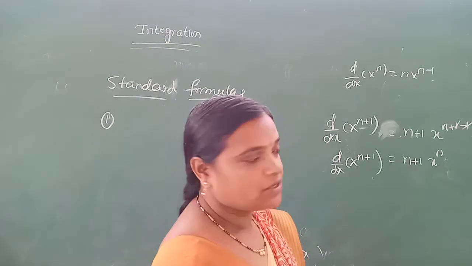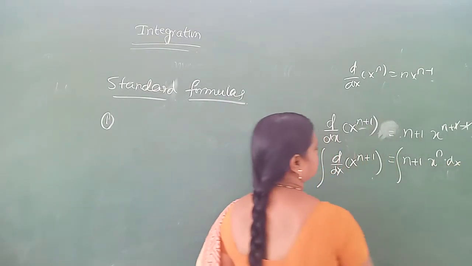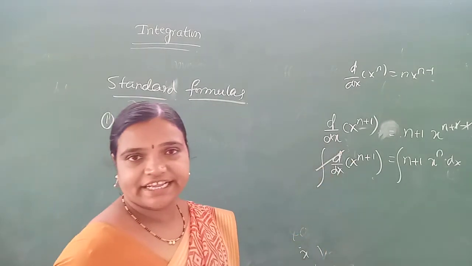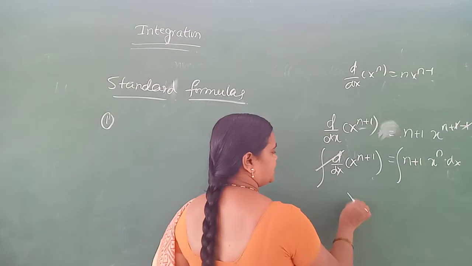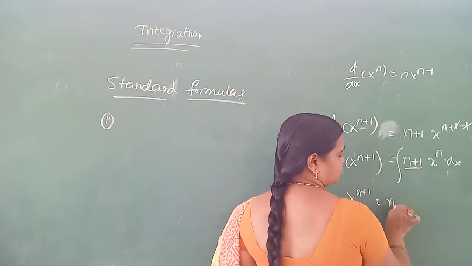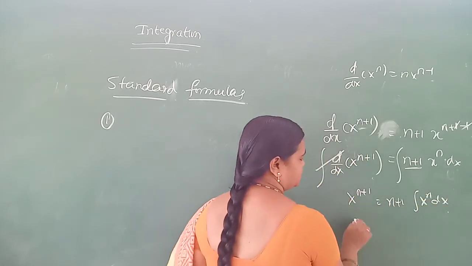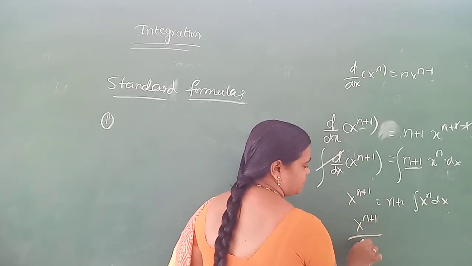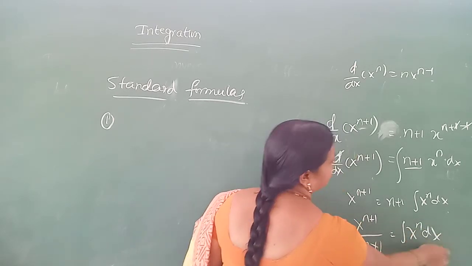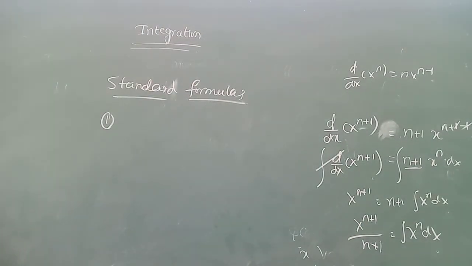Now we can apply integration on both sides with respect to x. Integration and differentiation get cancelled. We get x to the power n plus 1. And n plus 1 is a constant, therefore we take it outside. Integration of x to the power n is x to the power n plus 1 divided by n plus 1. By using the differentiation, we calculated the value of the integration.